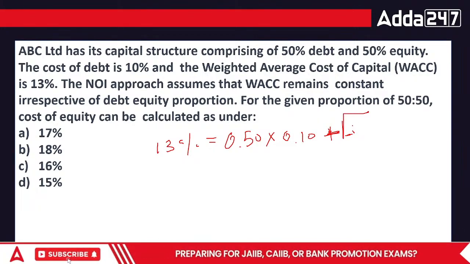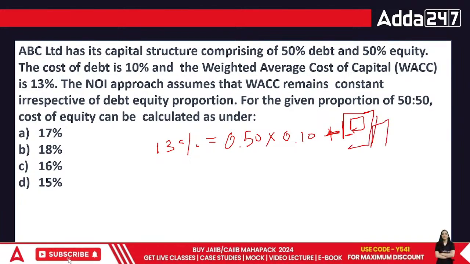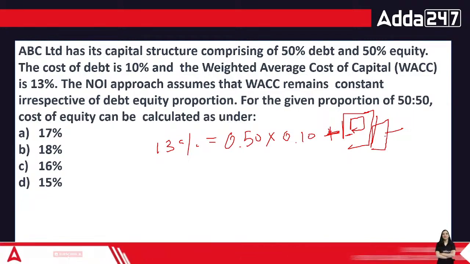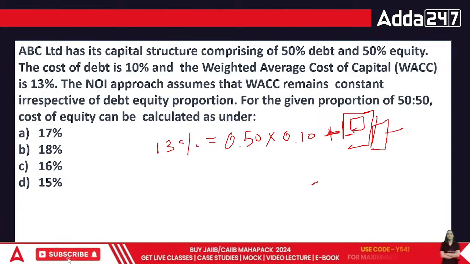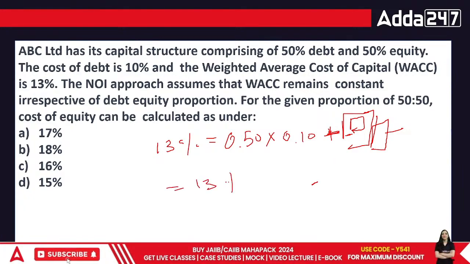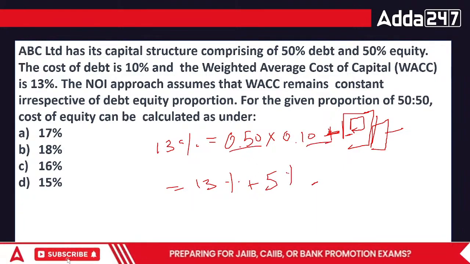You don't know the amount as well as the portion of weight that is attached to it. What would be the answer? It would be 13% plus 50% of 10. That would be 5%.